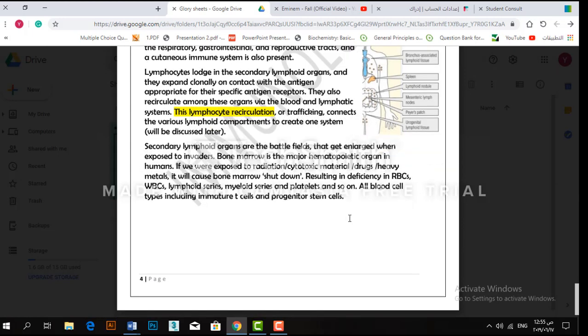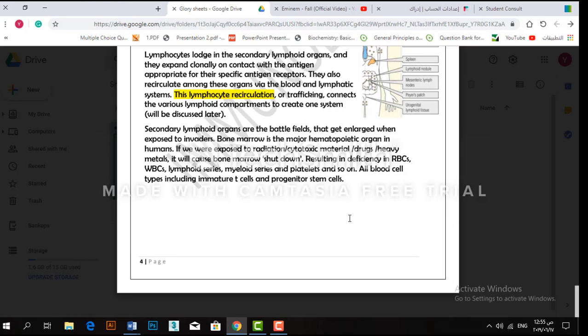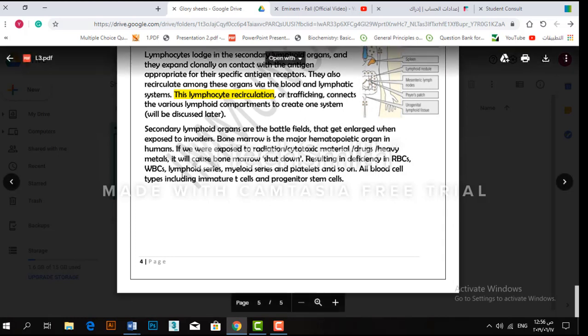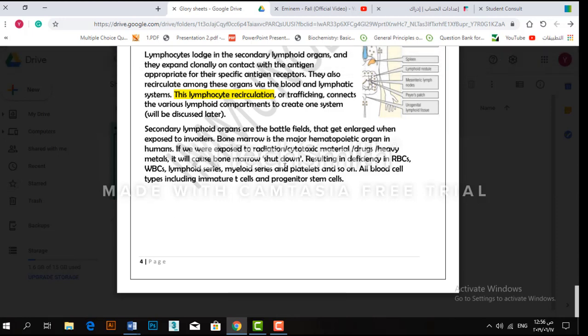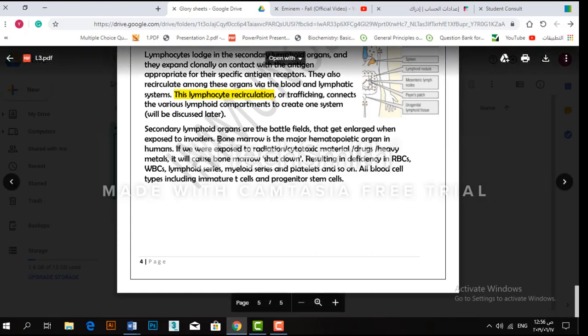Why? Because hematopoiesis takes place in the bone marrow. And deficiency in red blood cells, white blood cells, lymphoid series, myeloid series, platelets, and so on. All blood cell types, including immature T cells and progenitor stem cells, will be affected because they are produced in the bone marrow.